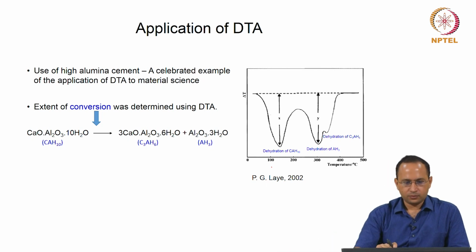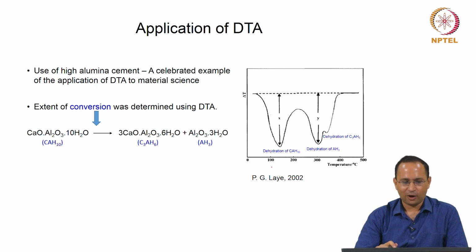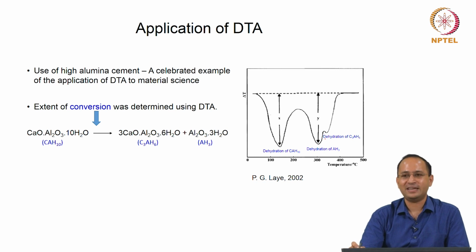So I will give you one example. One of the most celebrated examples of the application of DTA to material science is this. Basically, it relates to the use of high alumina cement, which in some circumstances led to the weakening and in extreme cases the collapse of concrete structures.